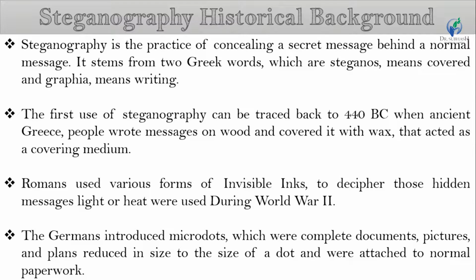Null ciphers were also used to hide unencrypted secret messages in an innocent looking normal message. Now, we have a lot of modern steganographic techniques and tools to make sure that our data remains secret.